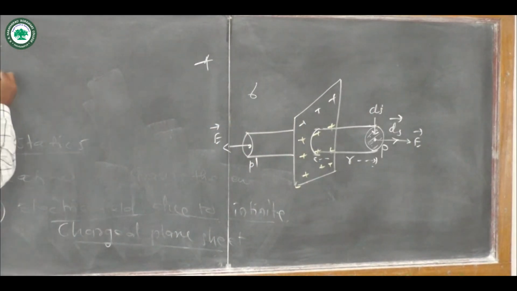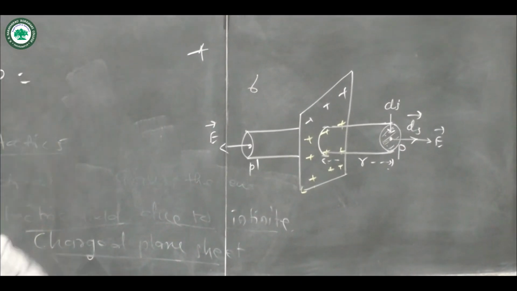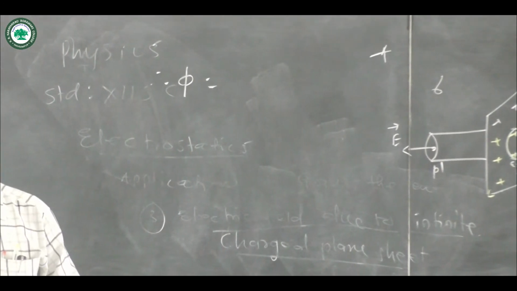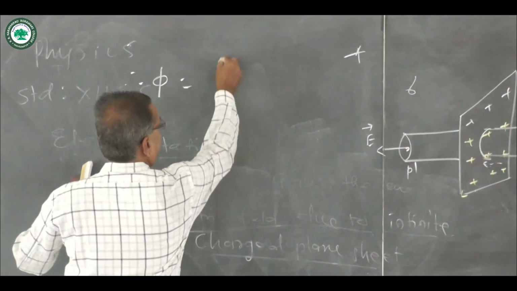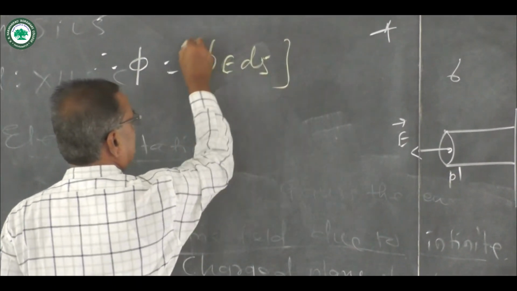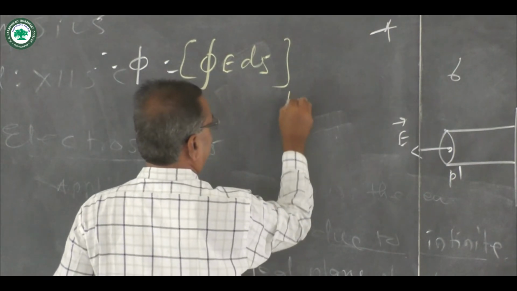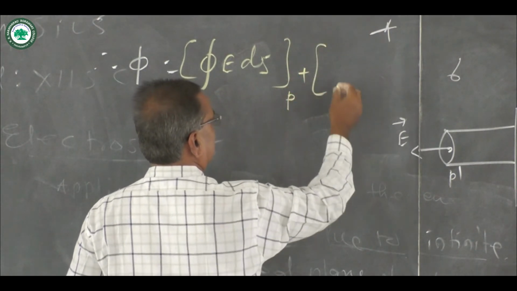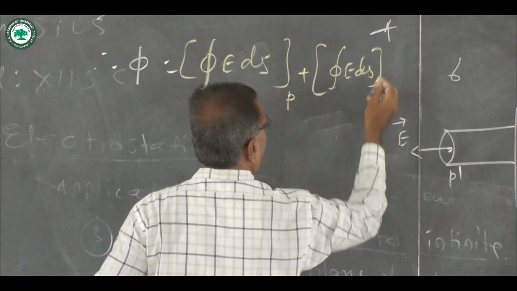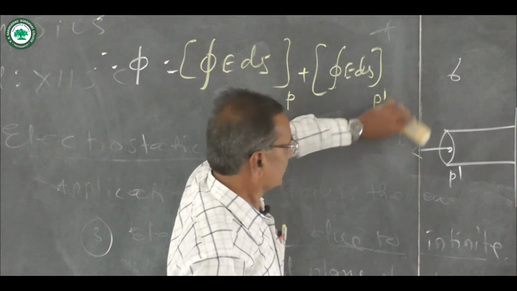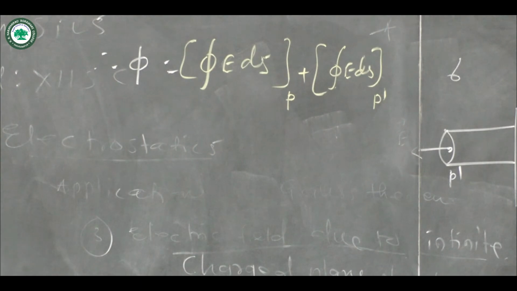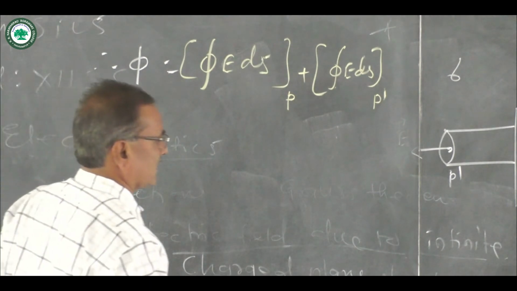So the electric flux passing through the closed surface is given by the integration over the closed surface of E dot ds at one side P, and another integration of E dot ds at point P dash.